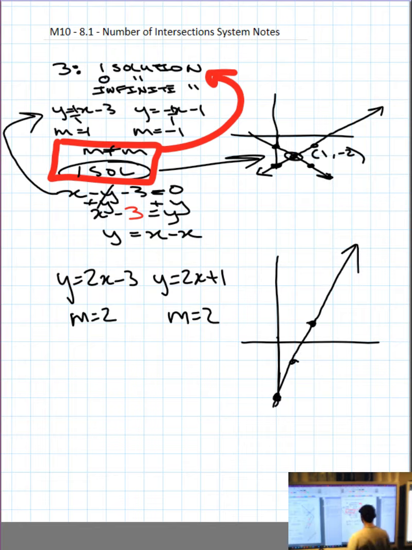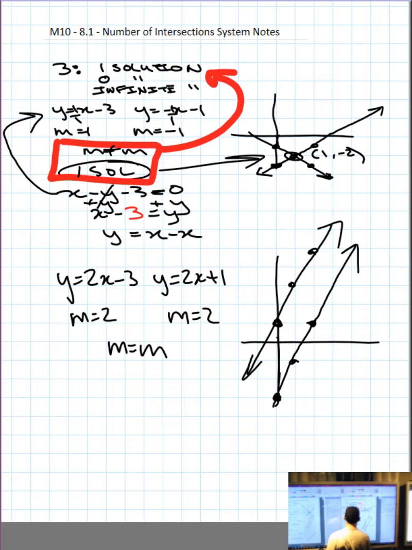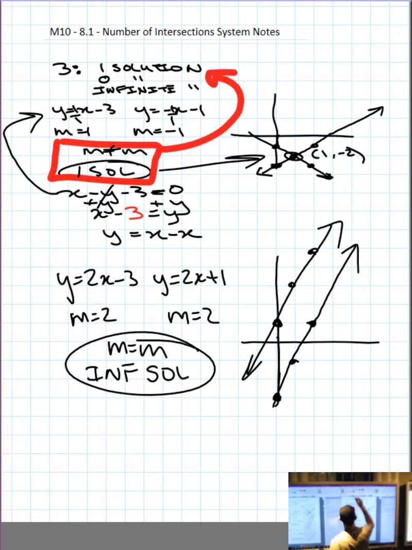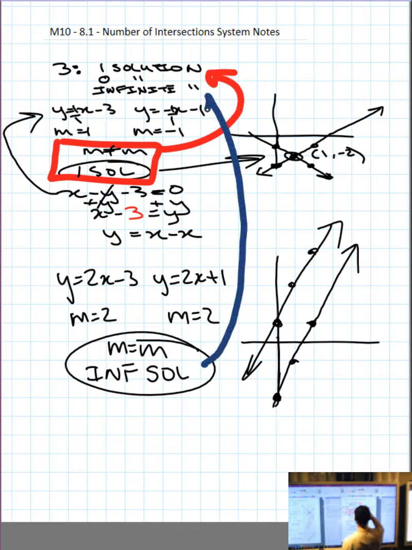Then we have the equation y equals 2x plus 1. We have a y-intercept of 1 and still a slope of 2. Up 2 over 1, up 2 over 1. These lines are parallel. m equals m. Infinite solutions. The second case. If we have the same slopes, we get an infinite number of solutions.